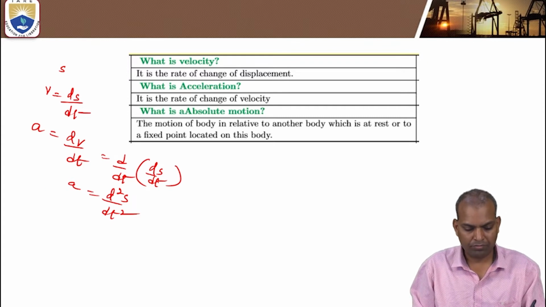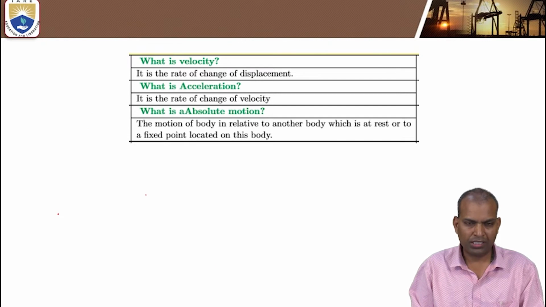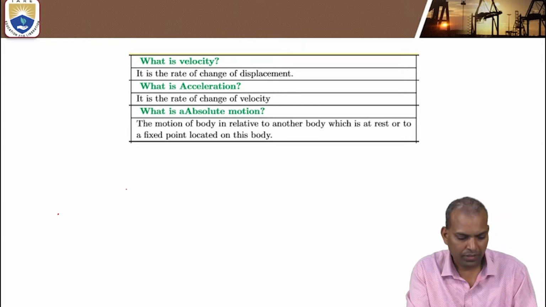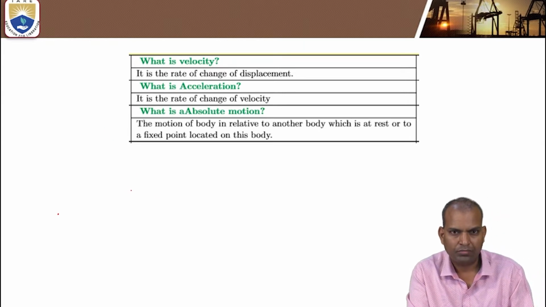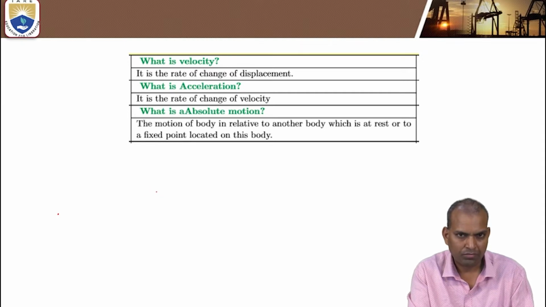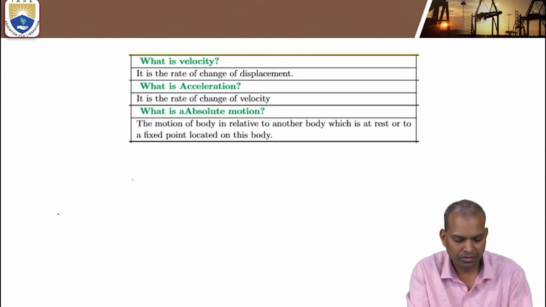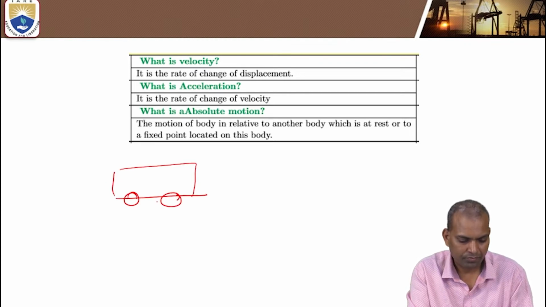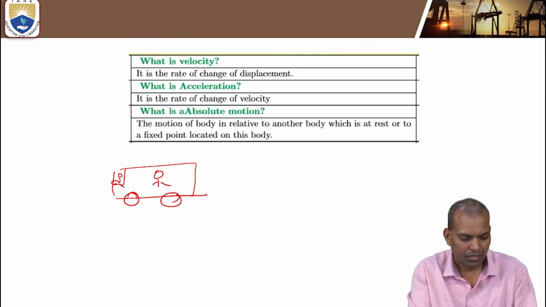Now, in order to understand absolute motion, let us take an example. When a person is moving in an aeroplane, or traveling by train or by bus, the person is under motion.